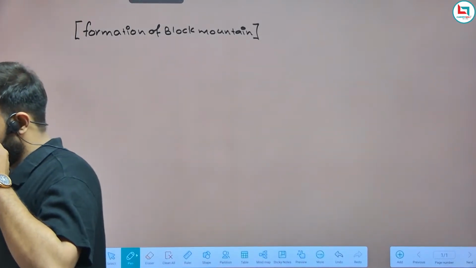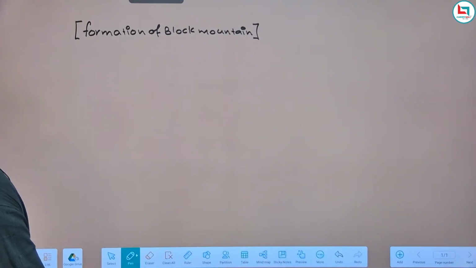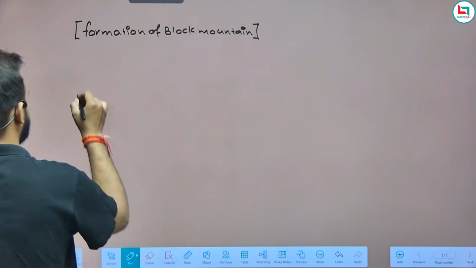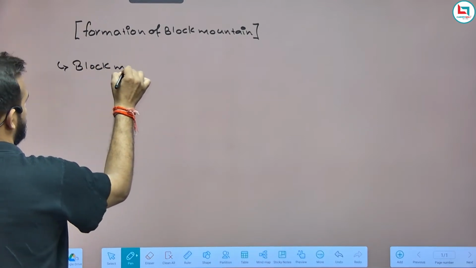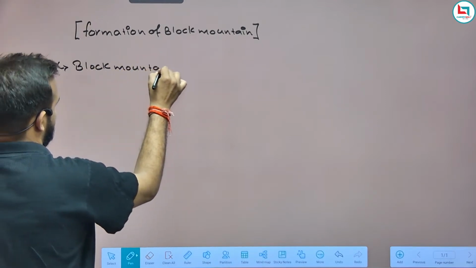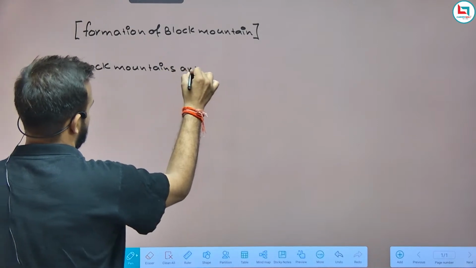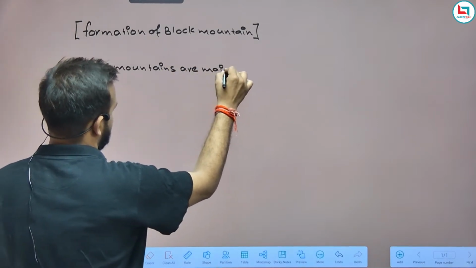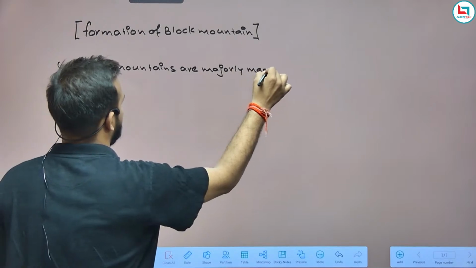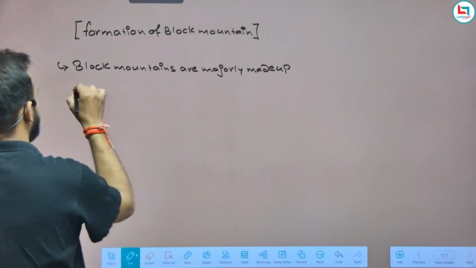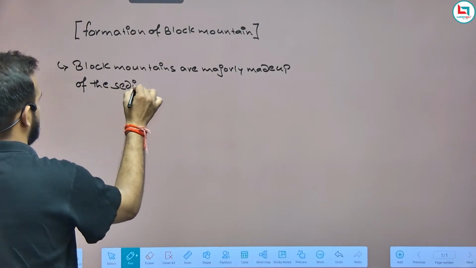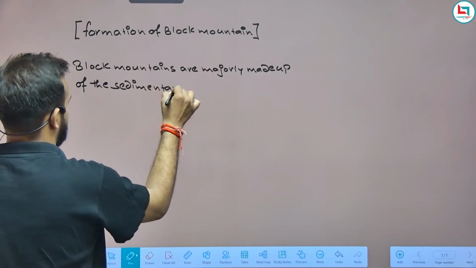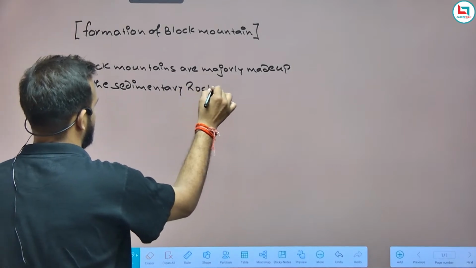Now guys, remember one thing. The very first thing is that block mountains are majorly made up of sedimentary rocks. Why guys?